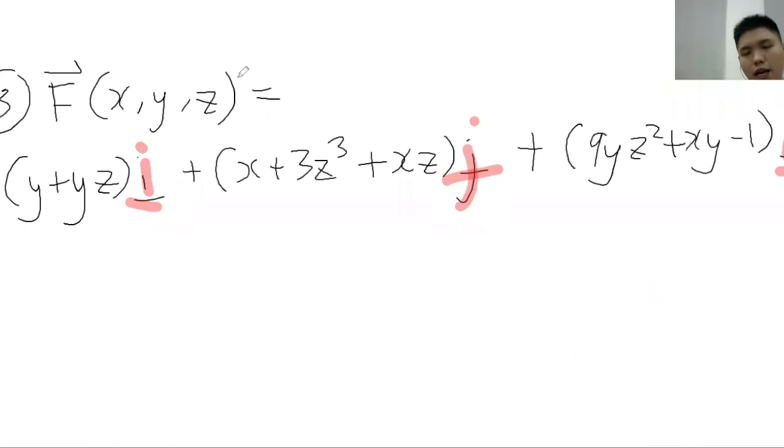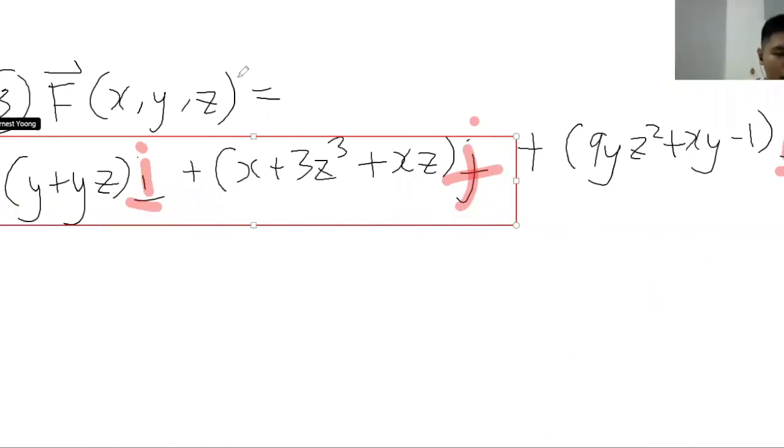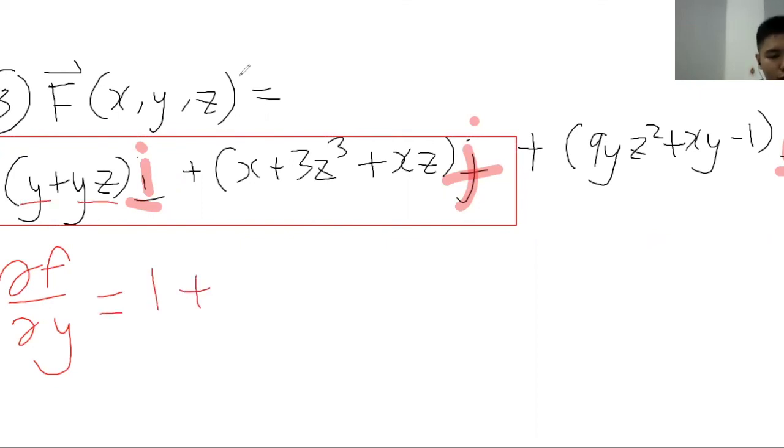So let's get started. Let's say I take this one to verify first. Then I differentiate in respect to y for this term. So y differentiate, I got 1. Yz I differentiate, I got z.